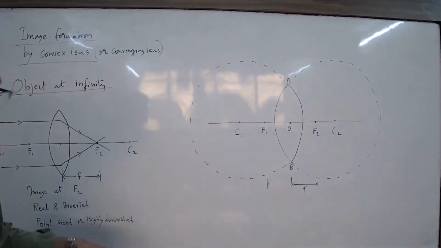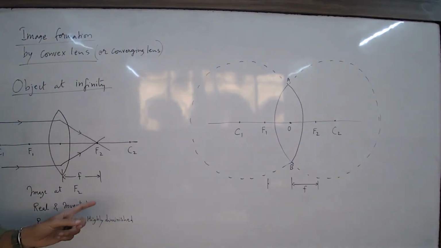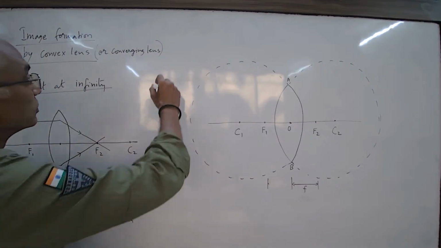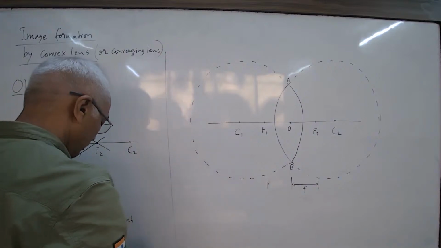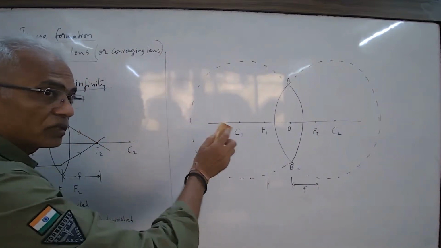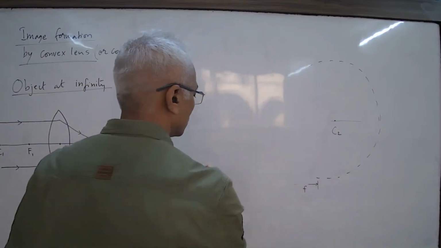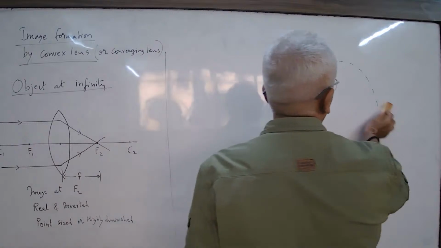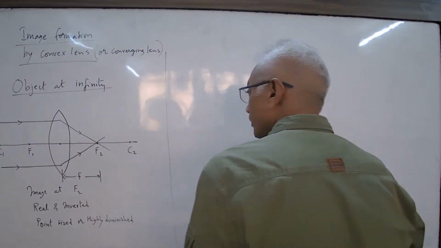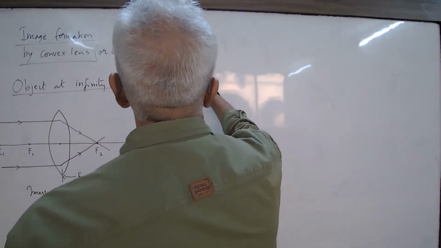Wherever the parallel rays meet after refraction is the focal length of the lens. Now, what is the second object position?